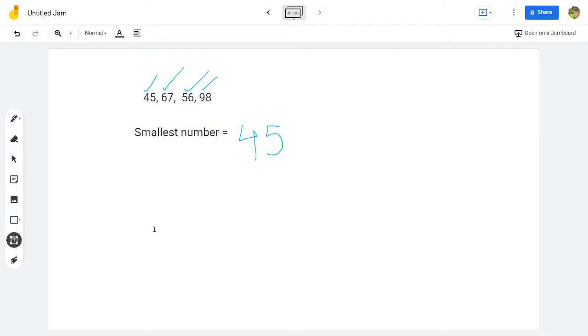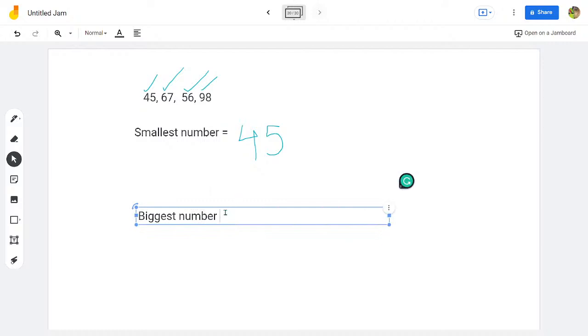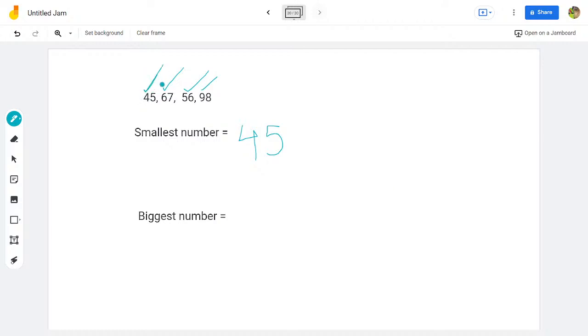So 45 would be the smallest number. Now let's talk about the largest number, the biggest number. For the biggest number we have to look at all the numbers carefully. Again, we have 4 in the tens column, 6, 5 and 9.